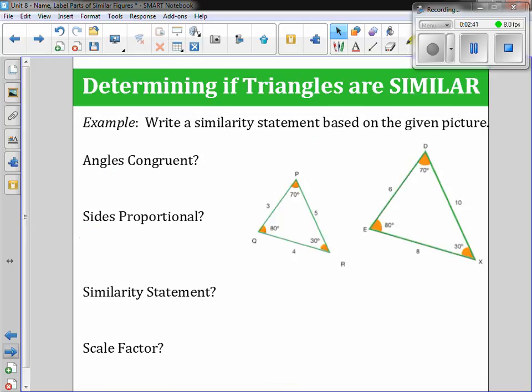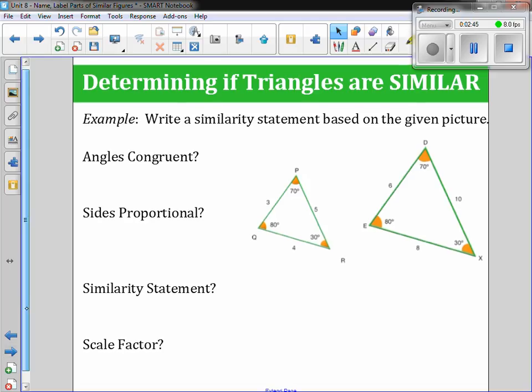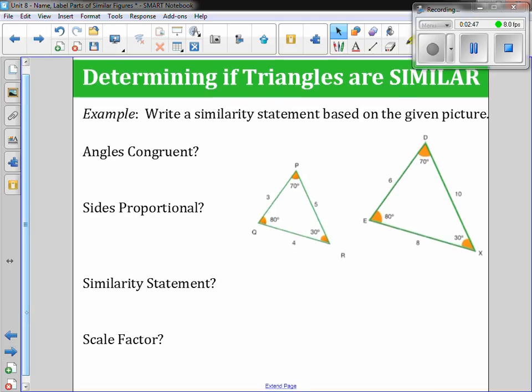Now we're going to take a look at another example that's similar but looks a little bit different because I have actual angle measures inside of my triangles. So I need to pay close attention to the actual angle measures. Since angle R is my smallest angle, I know that it is across from my smallest side.